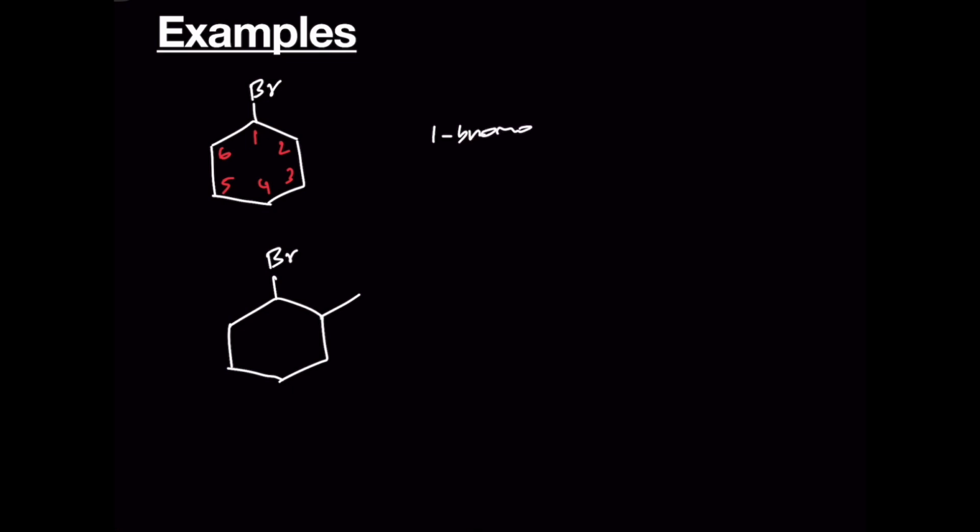However, giving the chain locator position is not mandatory for monosubstituted cycloalkanes. So, 1-bromo cyclohexane. The reason is you can also draw one bromo cyclohexane like that, and you can start numbering from there 1, 2, 3, 4, 5, 6.